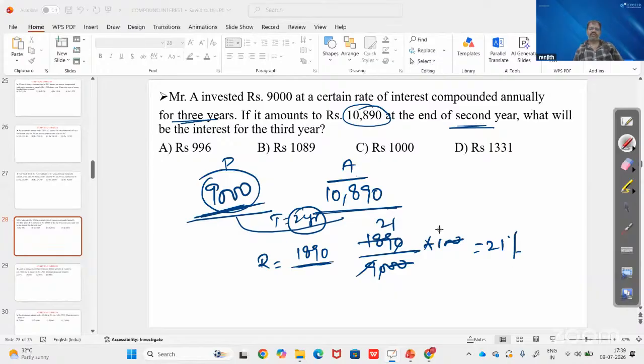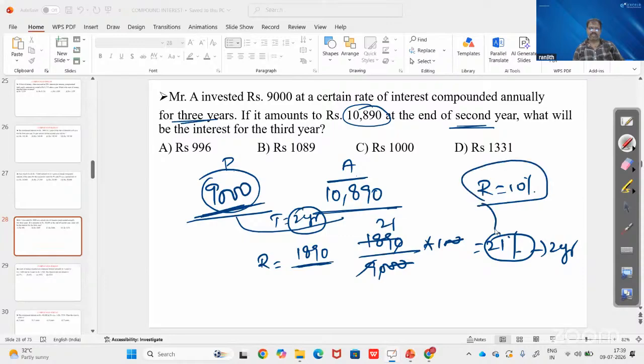We know 21 percentage for 2 years, so R value equal to 10 percentage, then only for 2 years we are getting 21 percentage. So we got the R percentage. What is the R percentage? 10 percentage. Already we got amount equal to 10,890 for total 2 years.